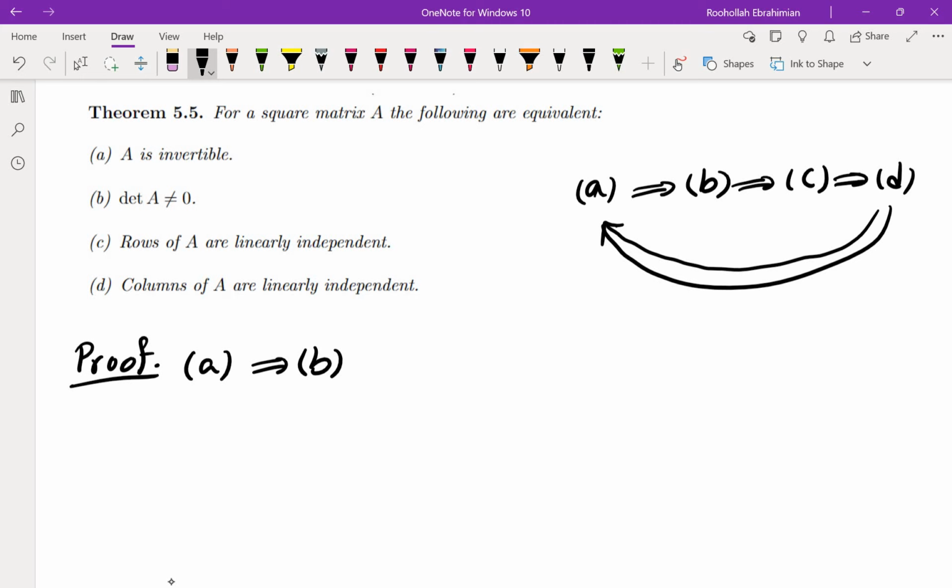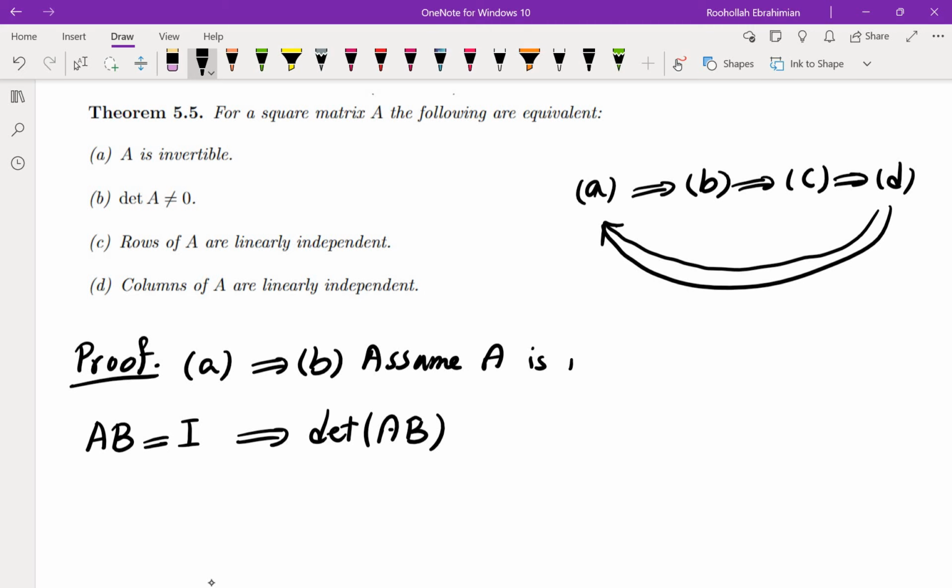Let's start with A implies B. If A is invertible, we want to show that the determinant of A is non-zero. Assume A is invertible, so there is B such that A times B is identity.